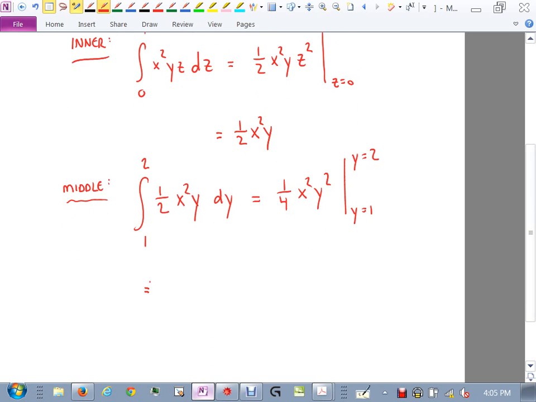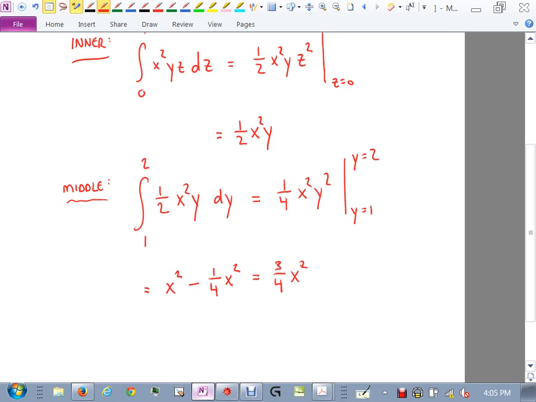I plug in 2 for y. What do you get when you plug in 2 for y? x squared. When you plug in 1 for y, and I'm subtracting this, 1/4 x squared. And that gives you 3/4 x squared.